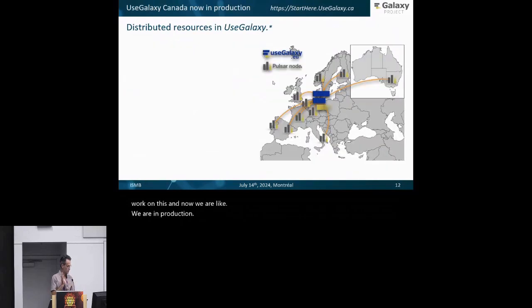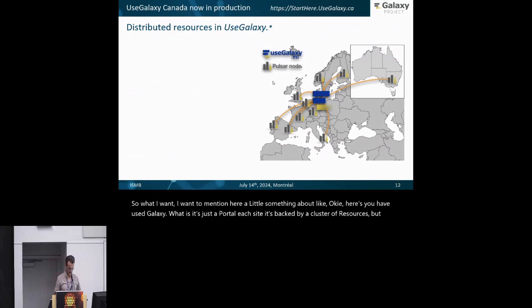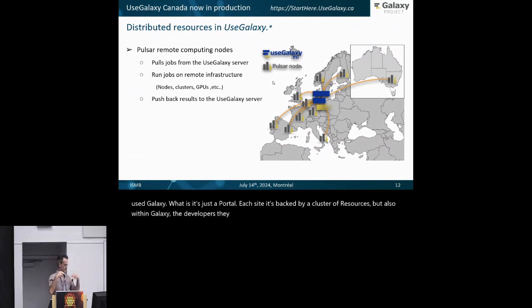What I want to mention is that you have UseGalaxy. What is it? It's just a portal. Each site is backed by a cluster of resources, but within Galaxy, the developers also assemble and develop technologies that help them take advantage of distributed resources, called pulsars.